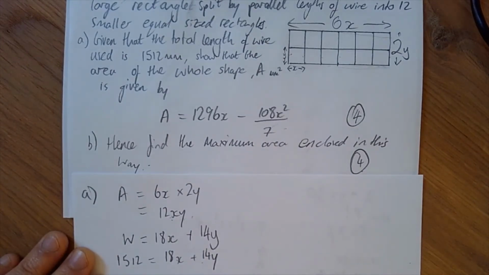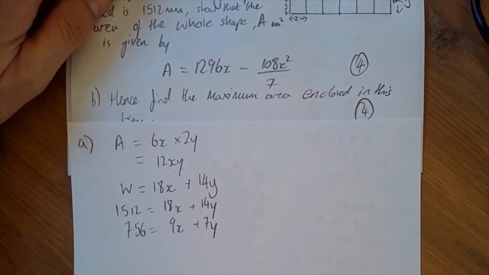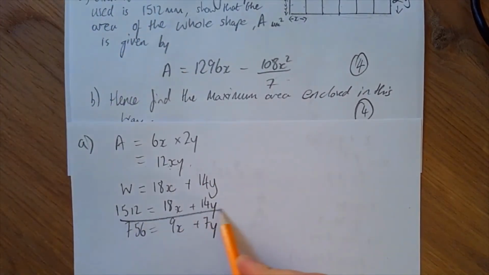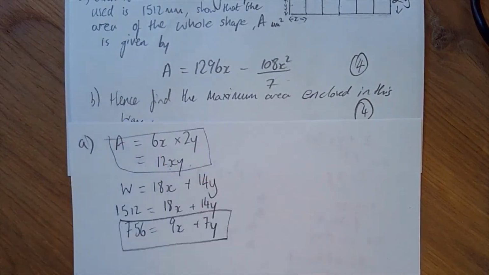You can hear my calculator tapping away. So I've divided it all by 2, and I'm going to box that off. I'm going to box this off because these are the two things I'm about to use.